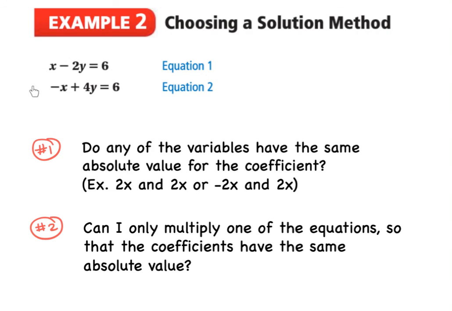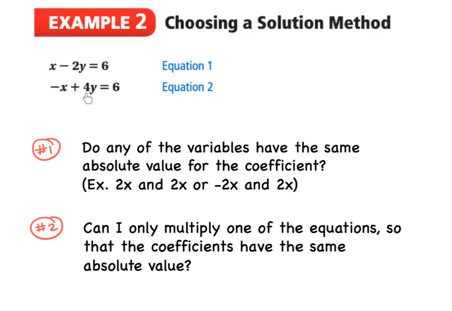So if we look at this one here, do any of the variables have the same absolute value for the coefficients? If we look at the x, I've got 1, and this one has negative 1. So they do have the same absolute value. So the best strategy would be to do this one, so that we have opposites. We can just, from here right away, add or subtract. Hopefully we see that right away, without first looking at the 2 and the 4.